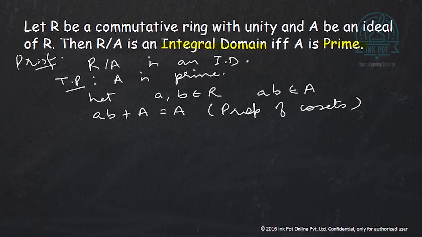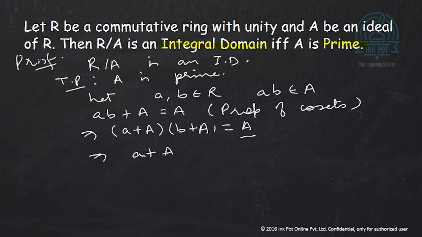So this means that (a plus A)(b plus A) is equal to A, because of the way we have defined the multiplication. Here A is the zero element of the quotient ring R by A. Because R by A is an integral domain and the product of two terms equals 0, this implies that either of the terms is equal to 0.